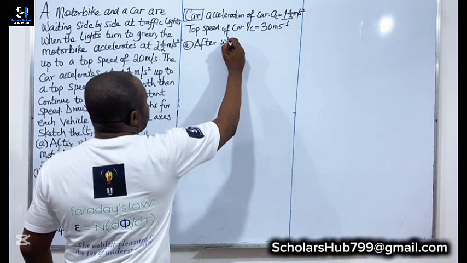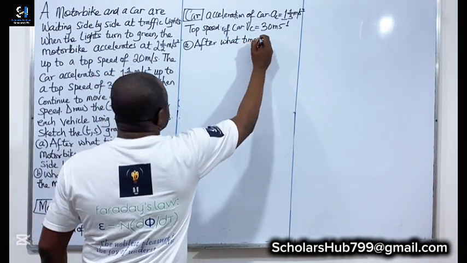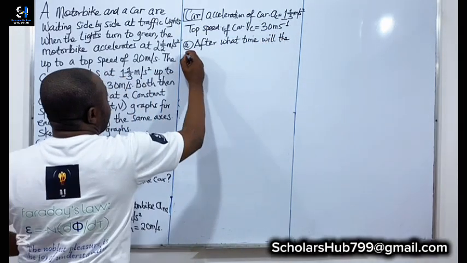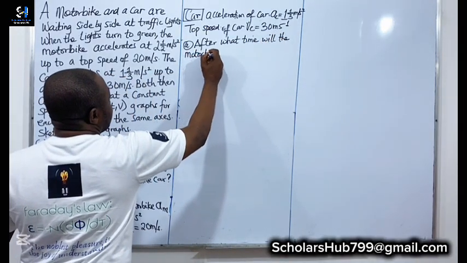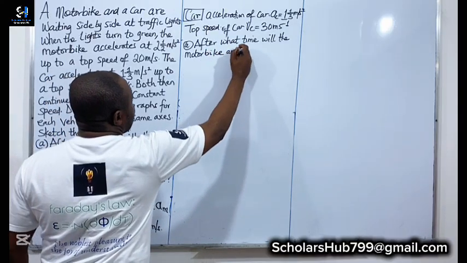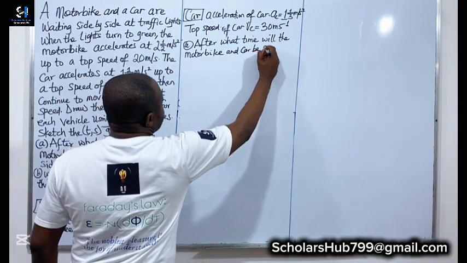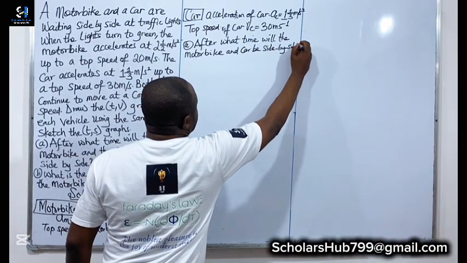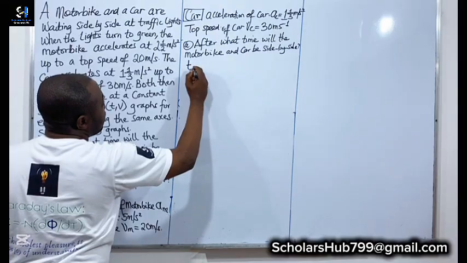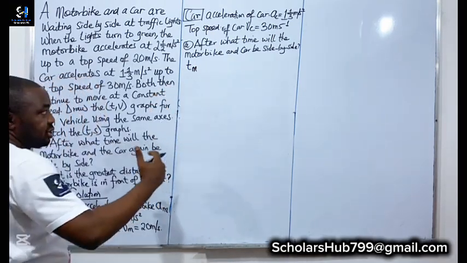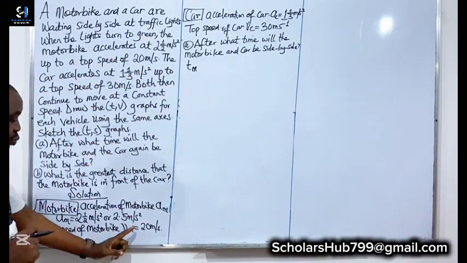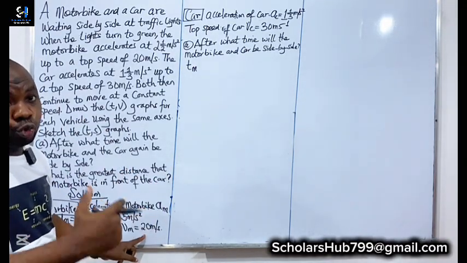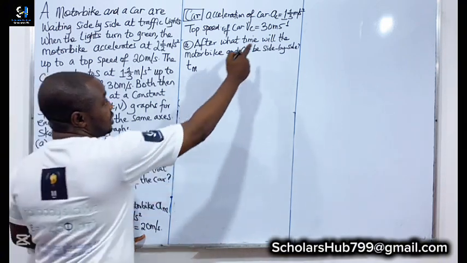So that means we need to calculate the time it takes the motorbike to reach its top speed of 20 meters per second, and also the time it takes the car to reach its top speed of 30 meters per second.